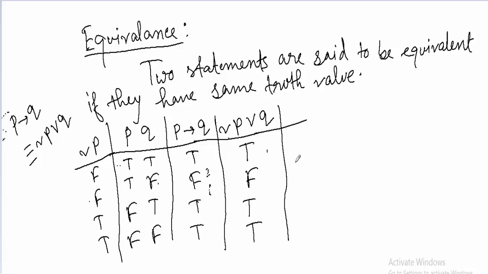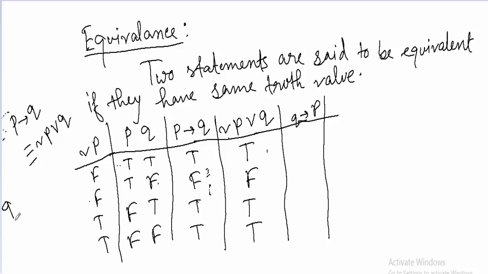Let's see the truth value of the converse of this P implies Q. Converse means Q implies P. This is the converse, right? And we learned that P implies Q equals not P union Q, right?